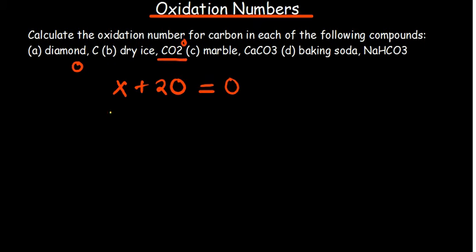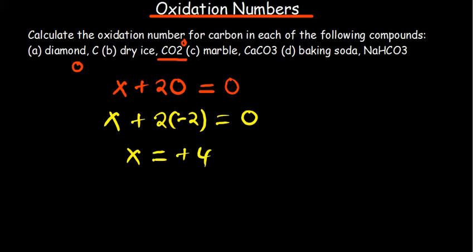We don't know the oxidation number of carbon, I'll put X. For oxygen, we say it is typically negative 2. So we can perform our math here. X plus 2 times negative 2 is 0, so X is going to be negative 4 on one side, going to the other side will be positive 4. Now what is the oxidation state in that case? So it's positive 4. We can go to calcium carbonate straight away.